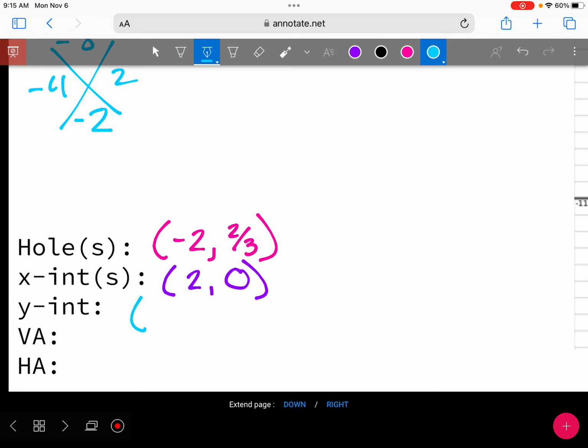My y-intercept, that's what happens when x is 0. When x is 0, what is my y? 1/2. Because it's negative 2 over negative 4, which simplifies down to be positive 1/2.